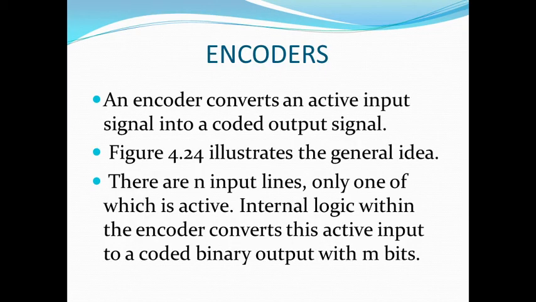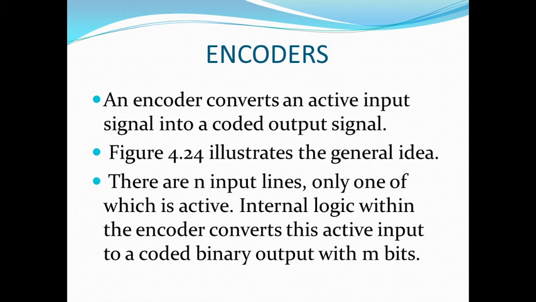Encoders. Now, what is the actual definition of encoder? What is the meaning of encoders? An encoder converts an active input signal into a coded output signal. That means it will have, let us say, a decimal number system, which is going to be converted into BCD, binary number system, and so on.